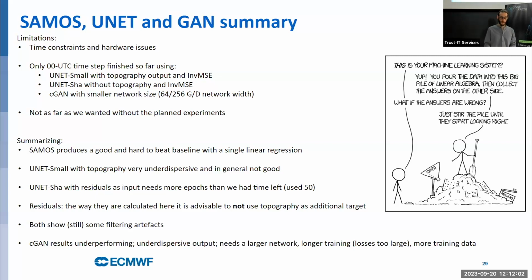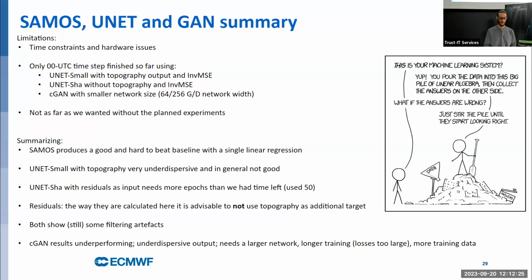Next, Irene already mentioned some issues with the topography, or some interesting behavior. The reason for this is also because of these standardized anomalies: in the fitted climatologies, the topography is already indirectly included, because temperature climatologies are of course related to the topography.